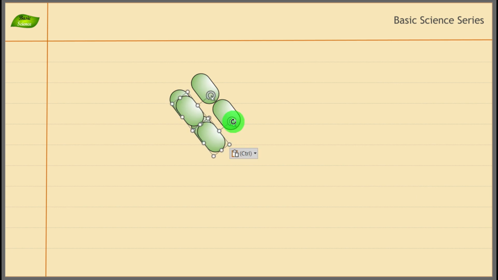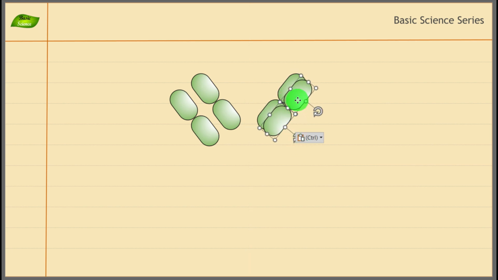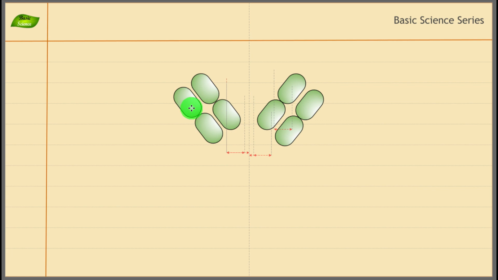Now if I want to make another one, so I will just probably move it like this and then move to the other side, which is here. So these are nothing but the chains of our antibody molecule. Okay. Right. Let's make them a little bit closer. These two as well.